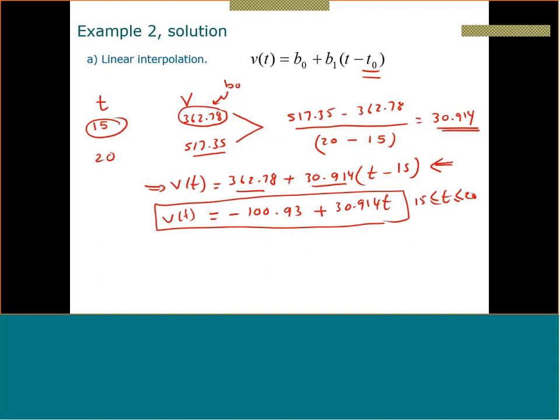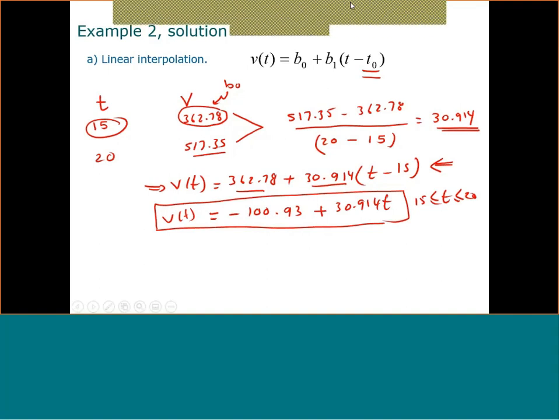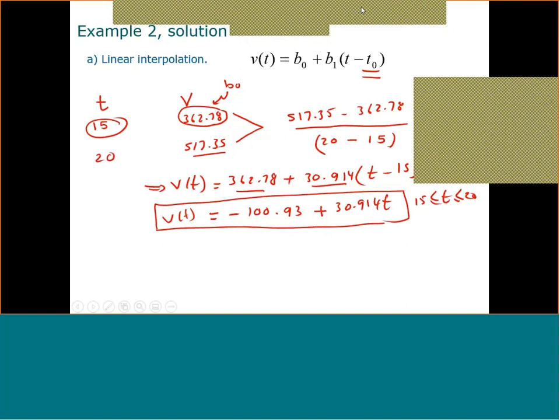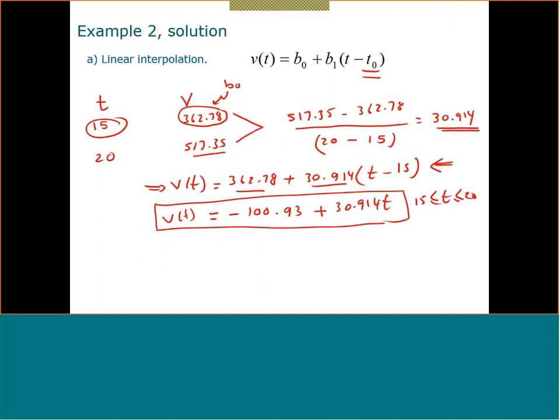Now let's see the questions before we go to the second part of the question. So if we use Newton's method, you want us to simplify it down? No need, because I just want to show you that these two equations are the same, but you don't need to simplify it to that format.